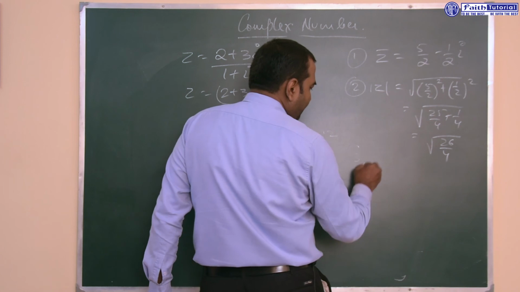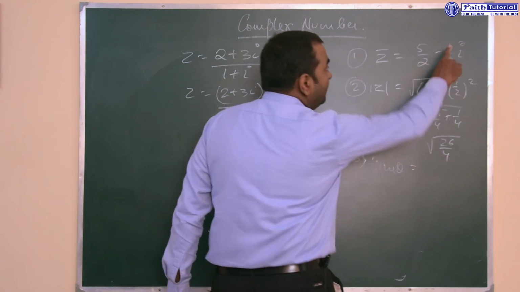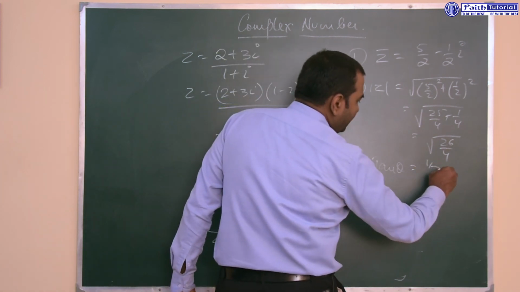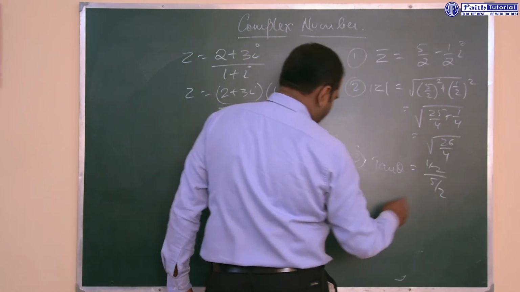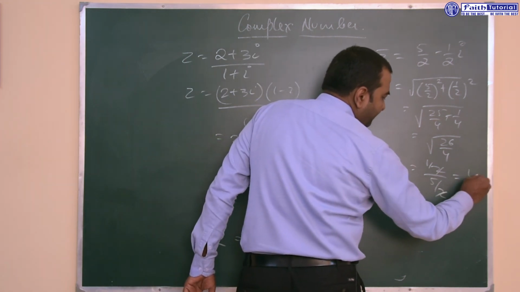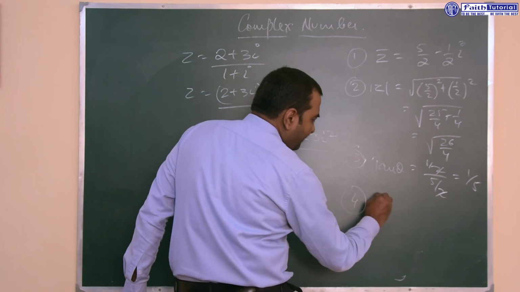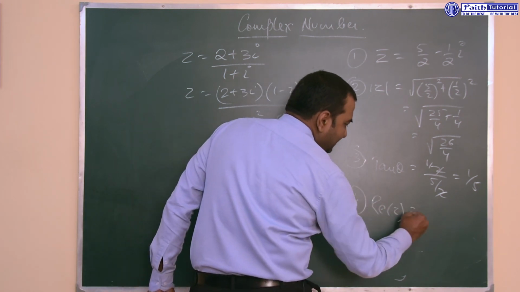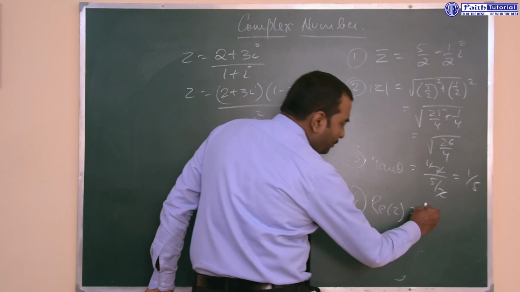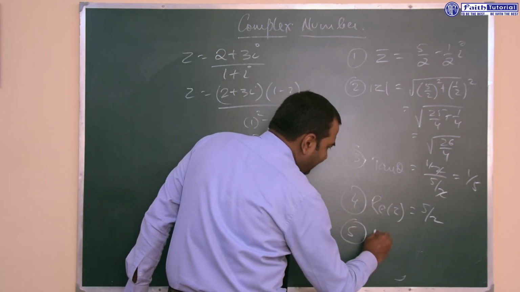Number 3, the amplitude, that's tan theta equals 1 by 2 divided by 5 by 2, y by x. So that's 1 by 5. Number 4, the real part of z is 5 by 2. The imaginary part of z is 1 by 2.